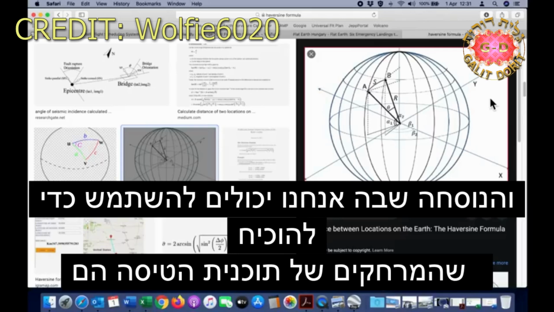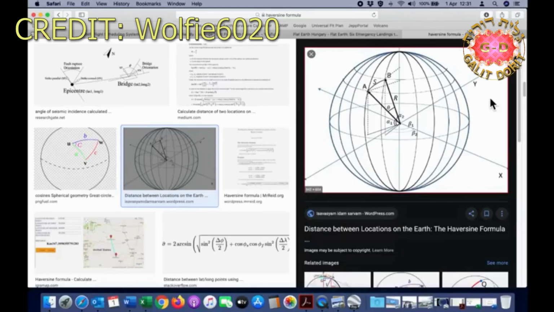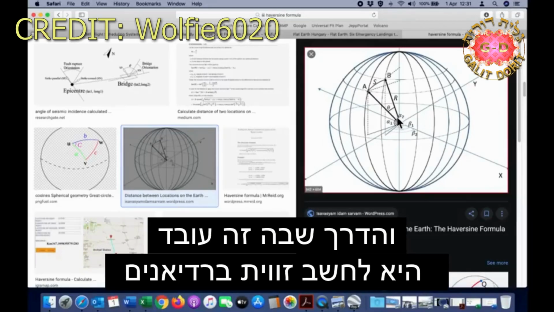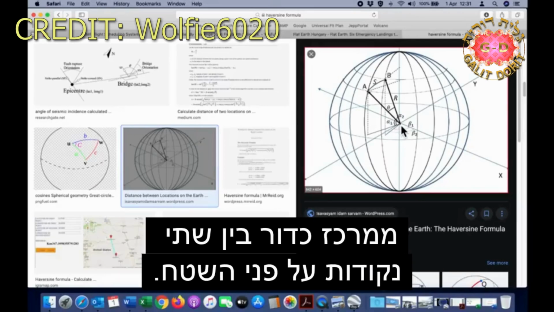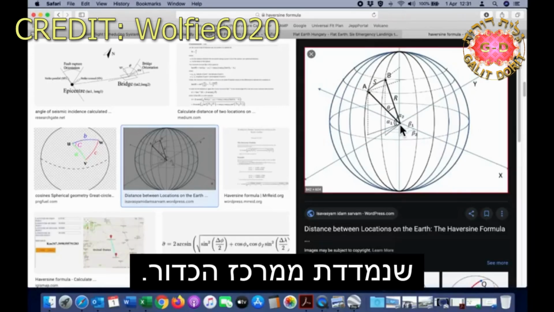And the formula we can use to prove that flight plan distances are computed for a ball is called the Haversine Formula. And the way this works is to calculate an angle in radians from the center of a sphere between 2 points on the surface. Here we can see point A to point B. They have an angular separation measured from the center of the sphere.